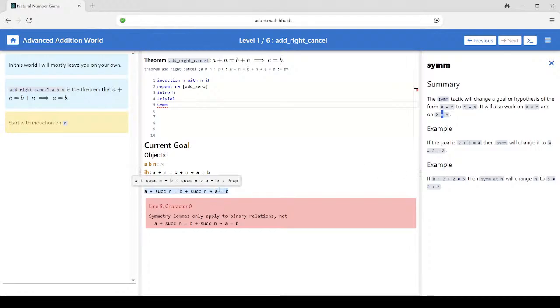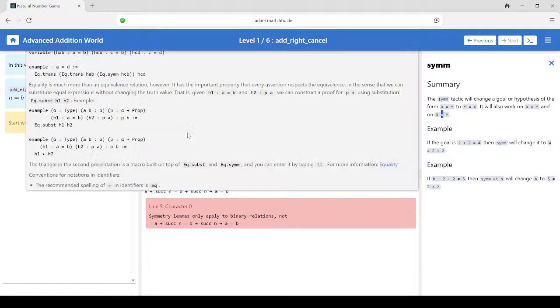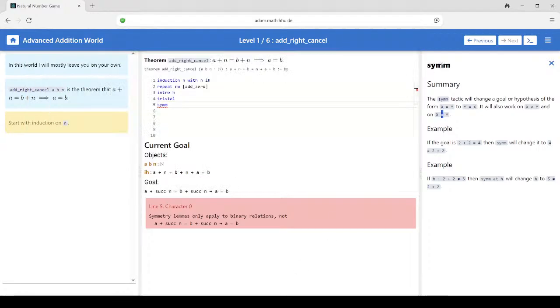I thought it would make the arrow imply the other way around. This implies this. I thought maybe this would make it so that this implies this. They only apply to binary relations, not that.